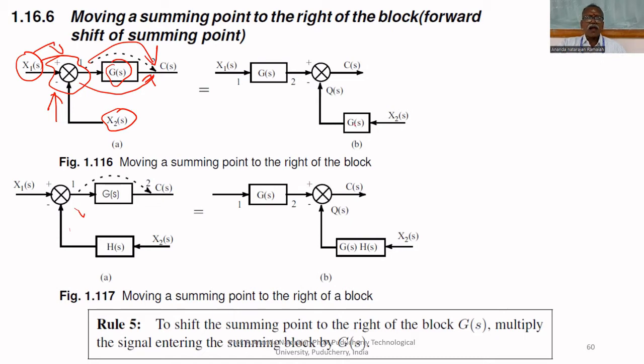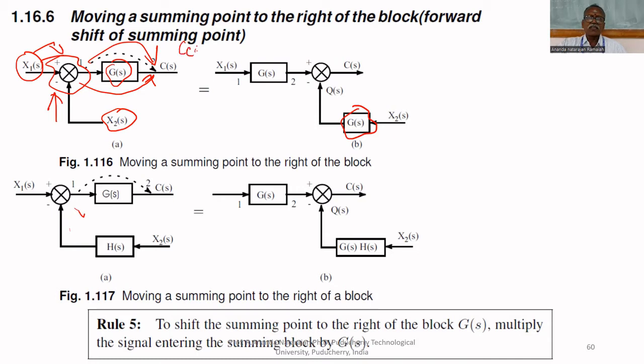The signal X2 of S is not amplified by G of S. So what we can do is amplify that signal by G of S, then both signals will be equal.